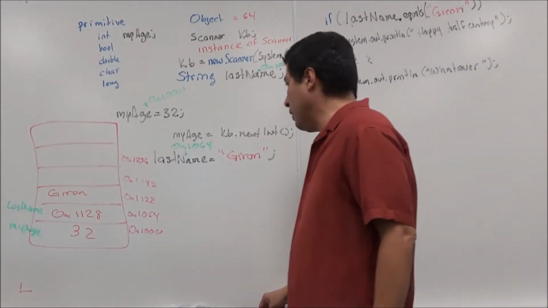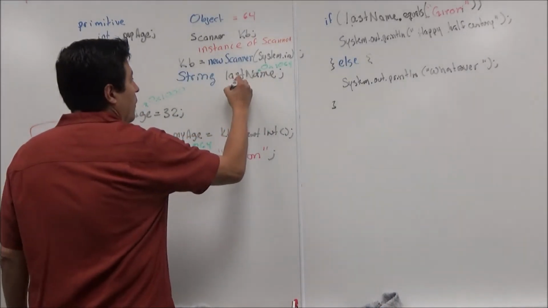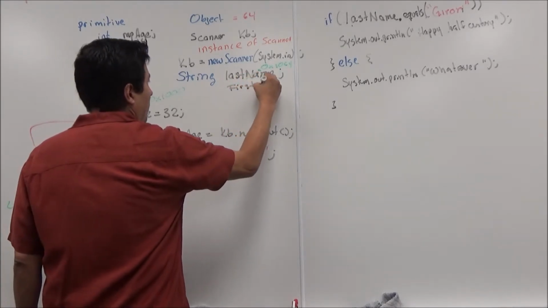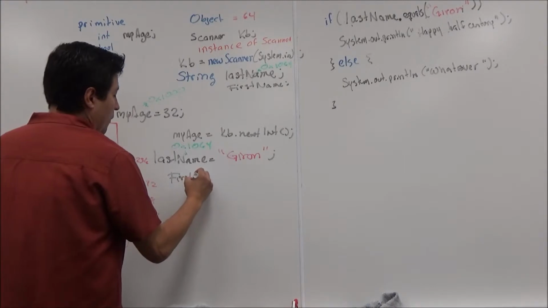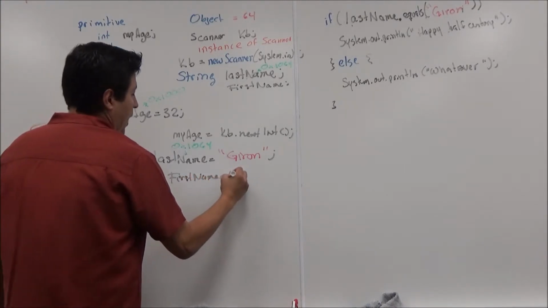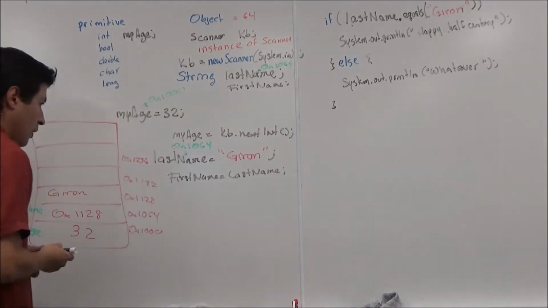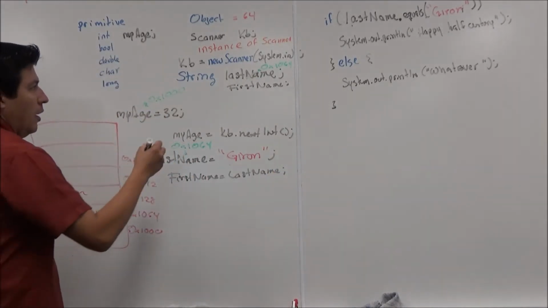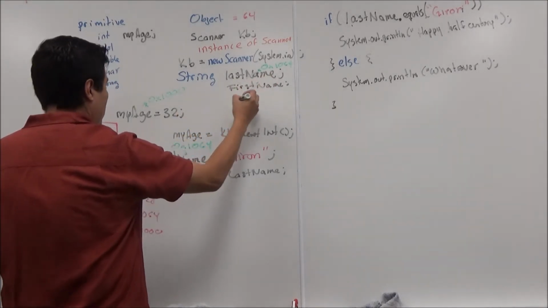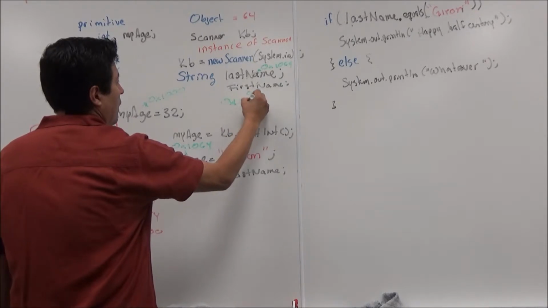I guess it will be true if I declare another string called first name, and if I do first name equals last name, then the first name gets the value 1192, let's say.